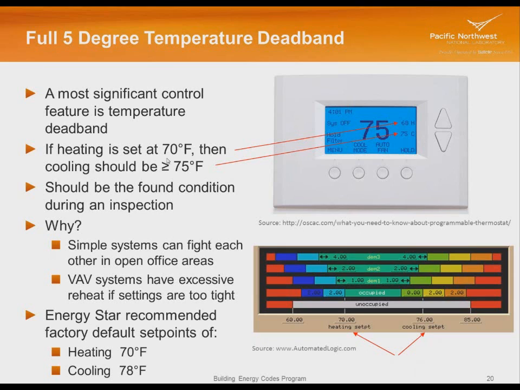If the heating is set at 70 degrees, then the cooling is supposed to, according to code, be set up to 75 degrees or higher. Now, obviously, once the occupancy permit's issued, the code doesn't necessarily apply, but at the time of inspection, it would be good to look and see if units are set up with those types of deadbands.